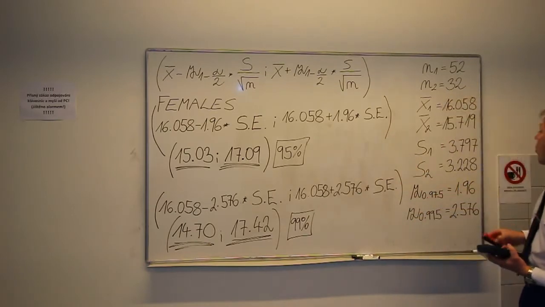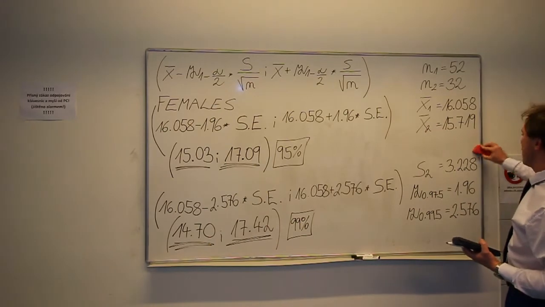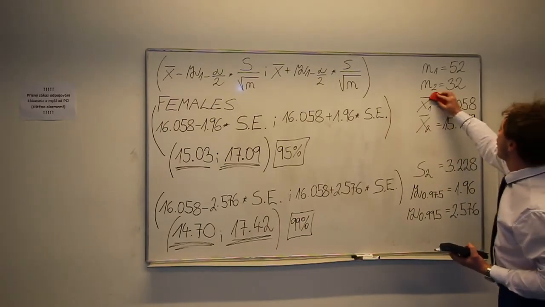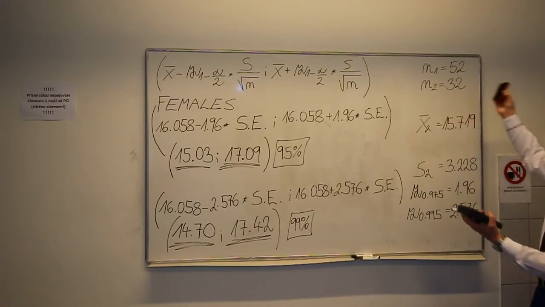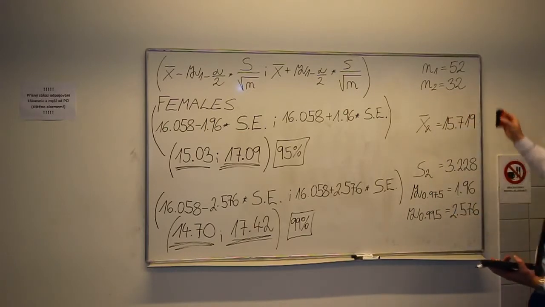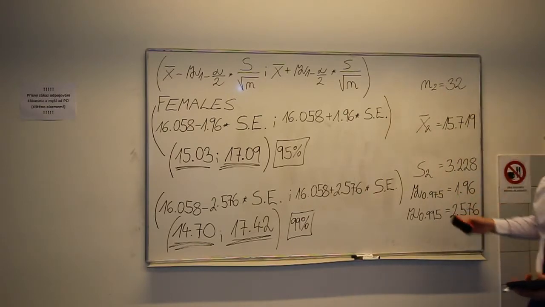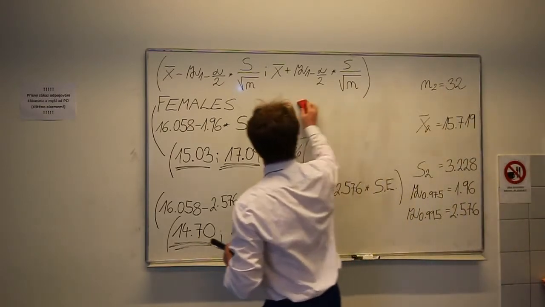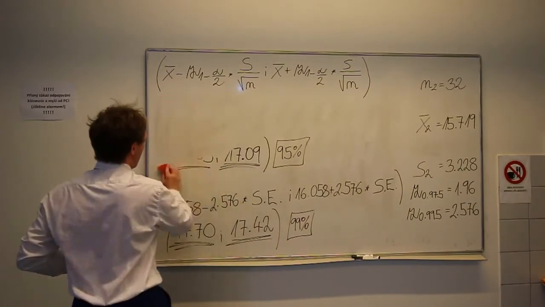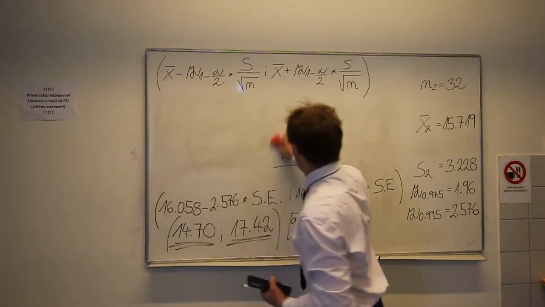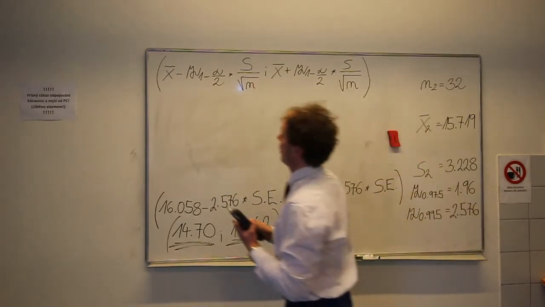So we know quantiles, I don't need deviation for females anymore, I don't need mean for females anymore, and I don't need this sample size. Okay, so this will be deleted, and we will start with calculation of sample error.